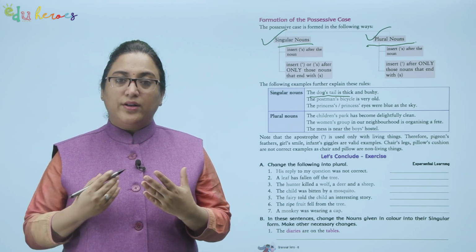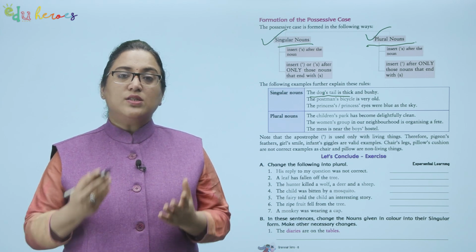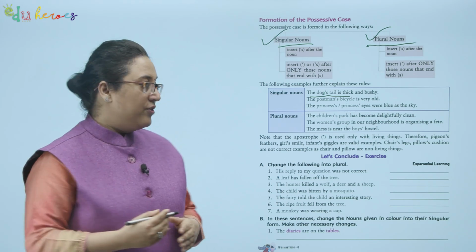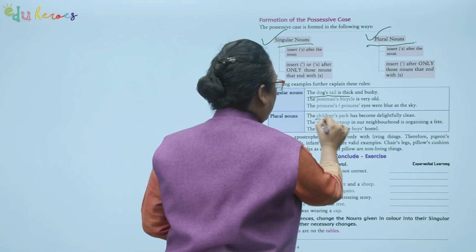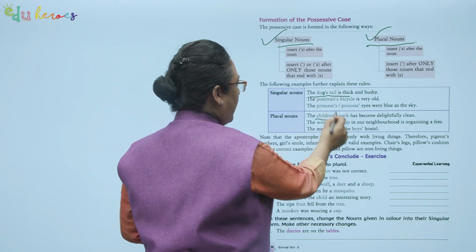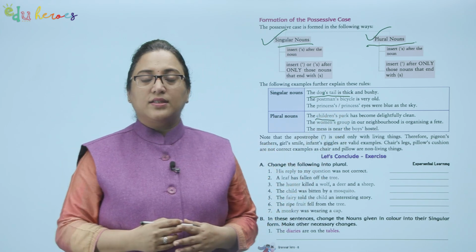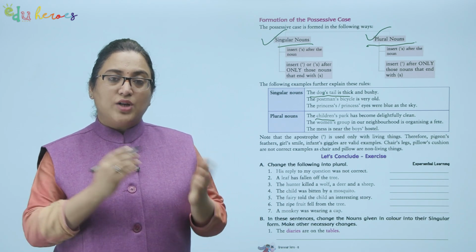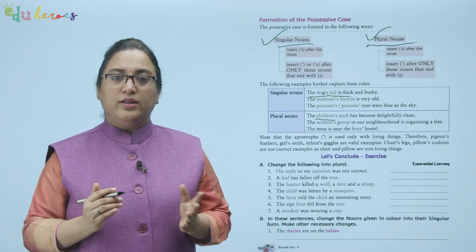Whereas now in plural nouns, the children's park has become delightfully clean. Which form is children? It is a plural noun. So here we have also added just an apostrophe and s, because this is an irregular form of noun. From child becomes children. It is totally irregular.